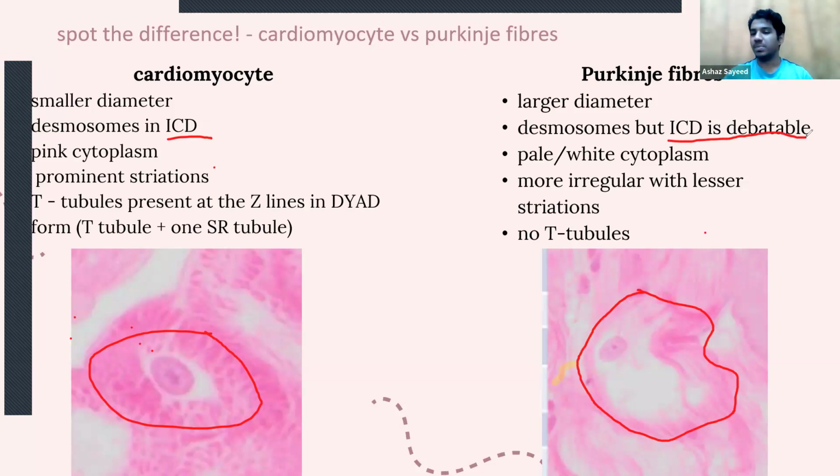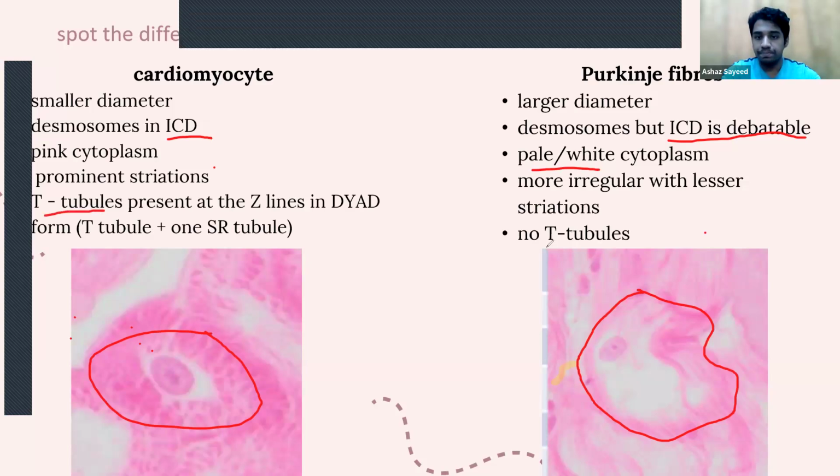Some say it's present, some say it's not. It's not an important feature. ICD is important for cardiomyocytes, not Purkinje fibers. Cardiomyocytes are more pinkish in color. Purkinje fibers are more pale or white. Cardiomyocytes have T tubules, and Purkinje fibers don't have T tubules.